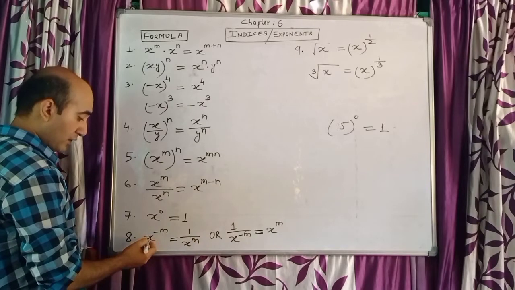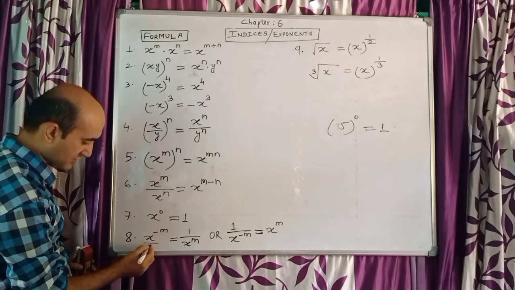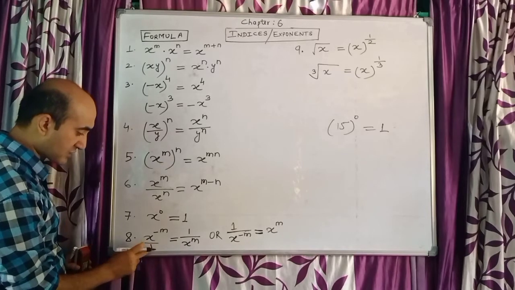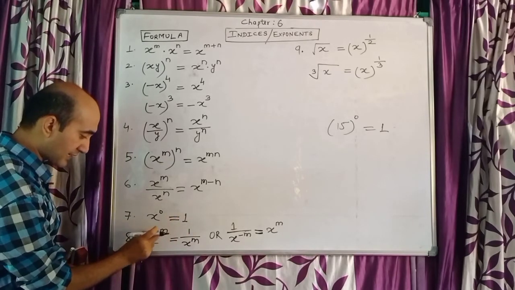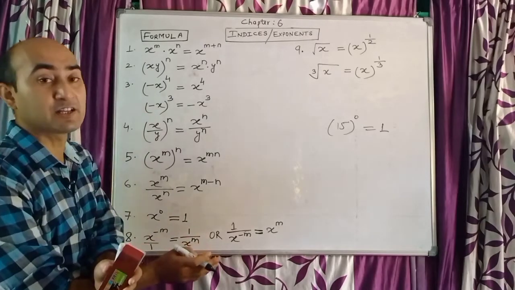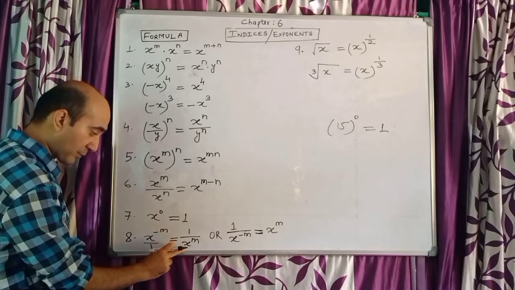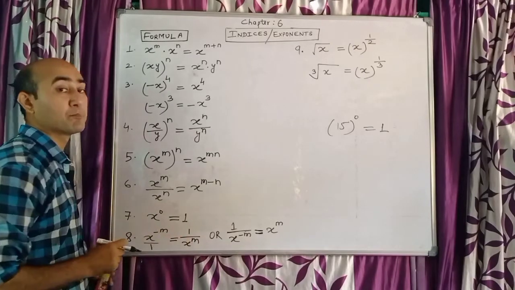That means below x there is nothing here, means there is 1. So you take this 1 to the top and bring this x down. That means you interchange numerator and denominator. Then what happens? The numerator which will come to the denominator, the power will become positive.